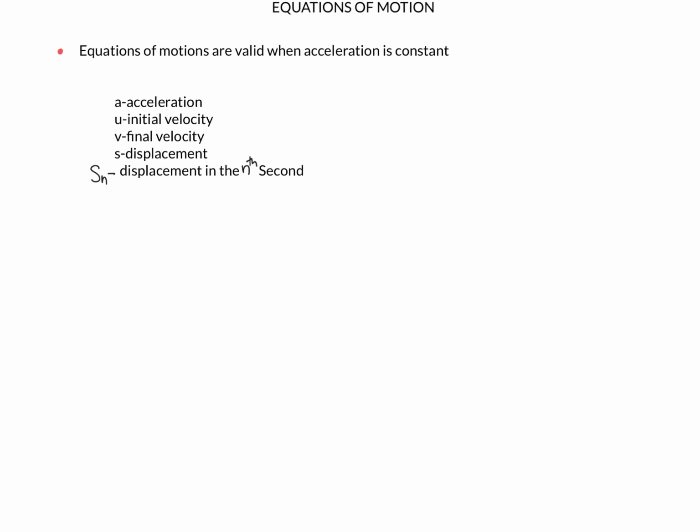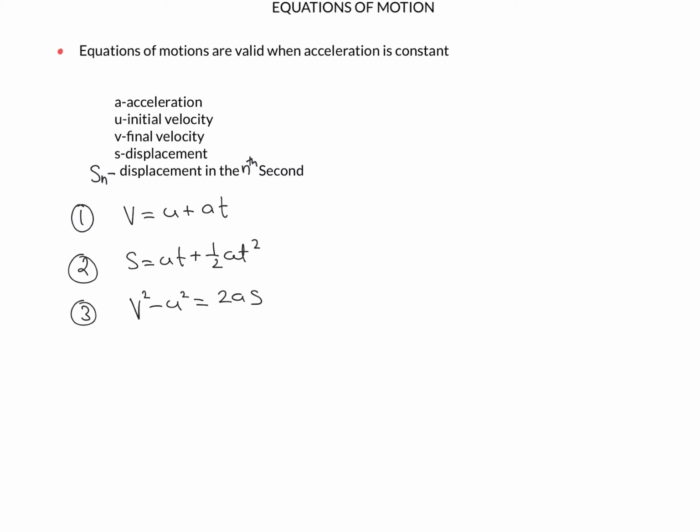So the basic equations of motion are, first one is v = u + at, and the second equation is s = ut + (1/2)at², and the third equation is v² - u² = 2as.